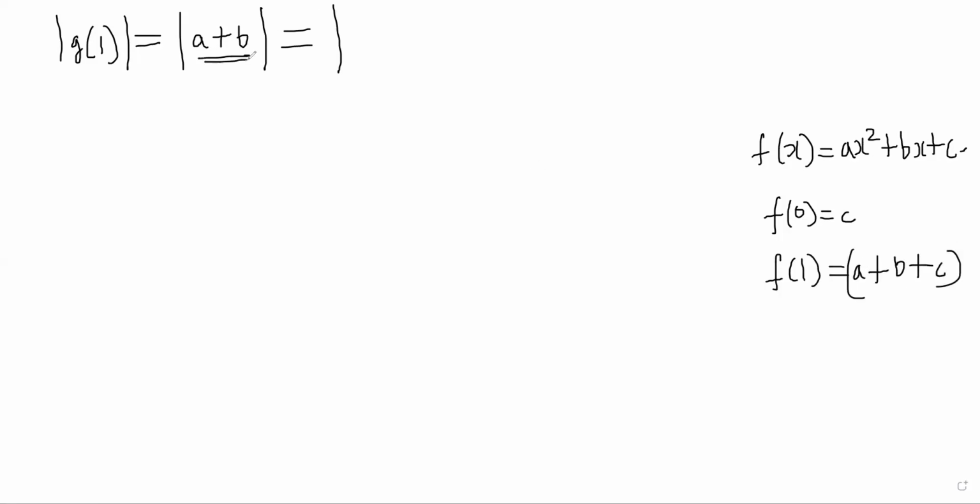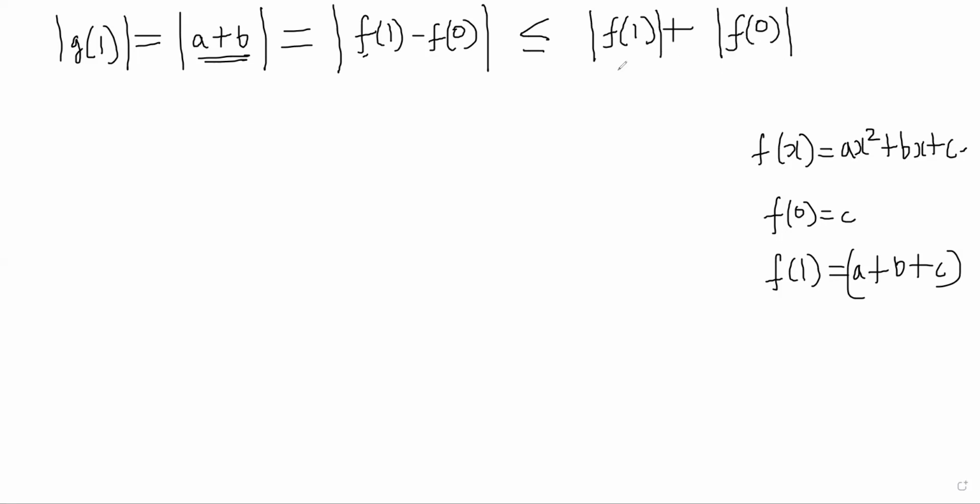So if I have a plus b, I can write that as f of 1 minus f of 0. f of 1 minus f of 0 will be a plus b plus c minus c, which is a plus b. And therefore, this is less than or equal to mod of f of 1 plus mod of f of 0. This inequality is true because of the triangle inequality.